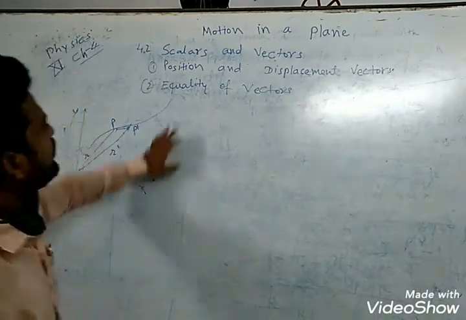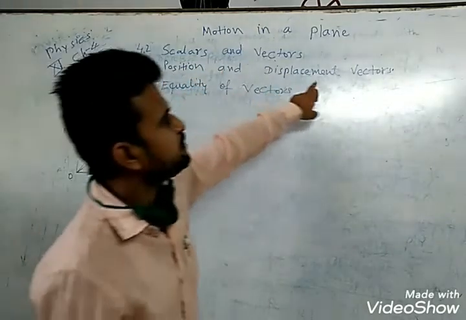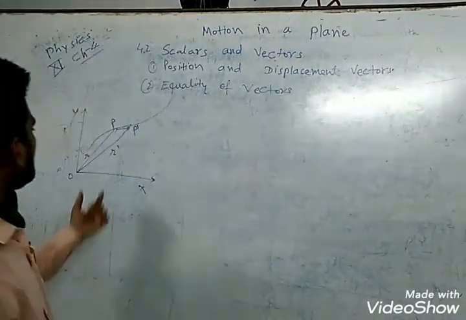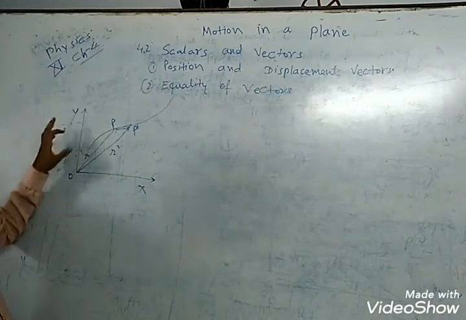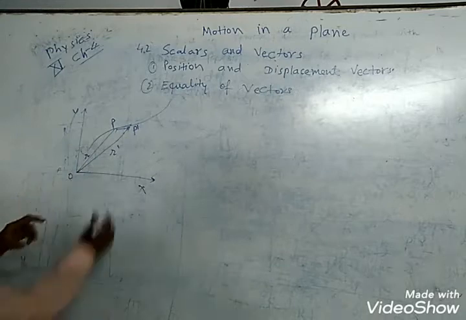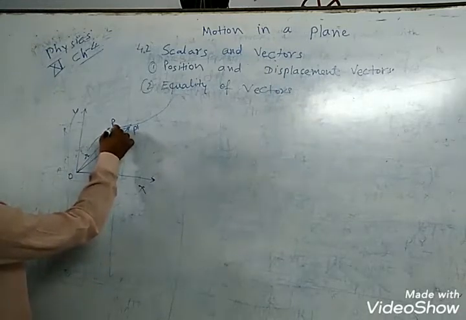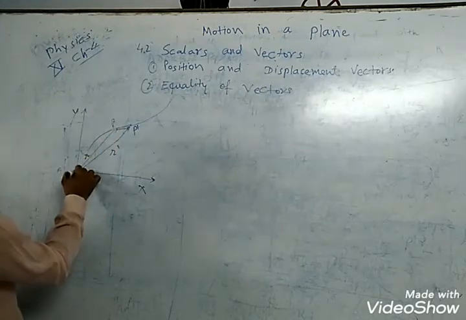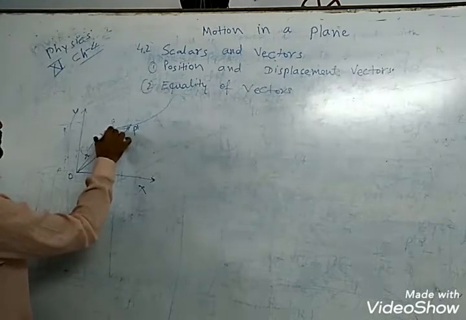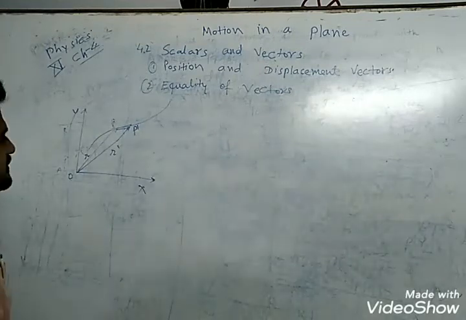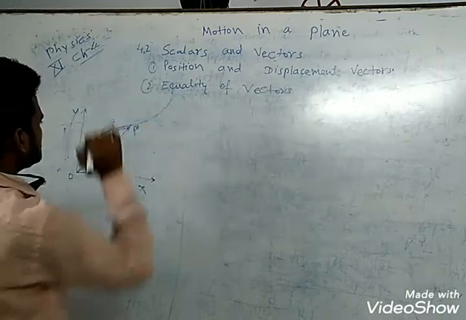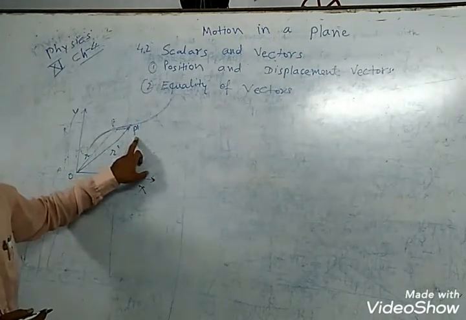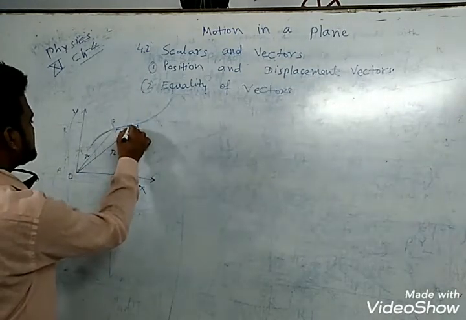Now next, position and displacement vectors. In this case, we consider the x and y plane. An object is moving, initially at position P, and the position vector of this object is R. The object moves along this path and shifts to another point P dash.